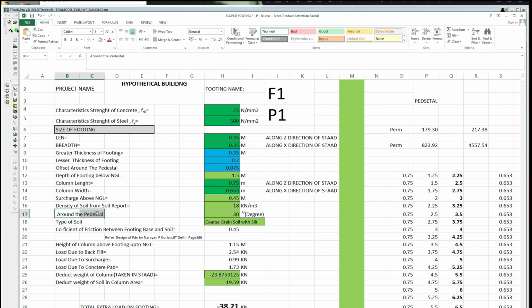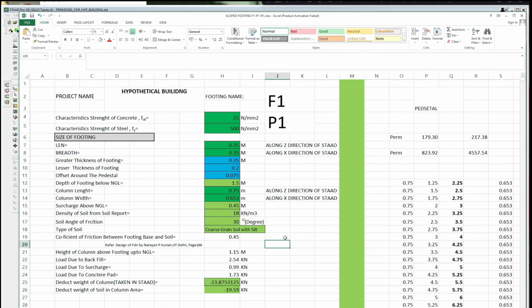This is basically the soil angle of friction. The type of soil is coarse grain soil that we have taken. We can refer to the soil report to find which type of soil is there. Three types of soil are given. These values are taken from the soil book of Professor Korean of IIT Delhi.